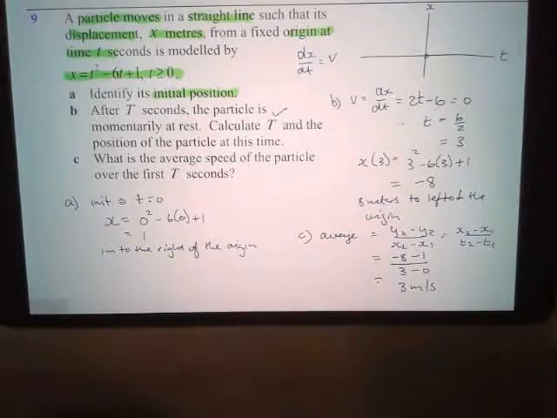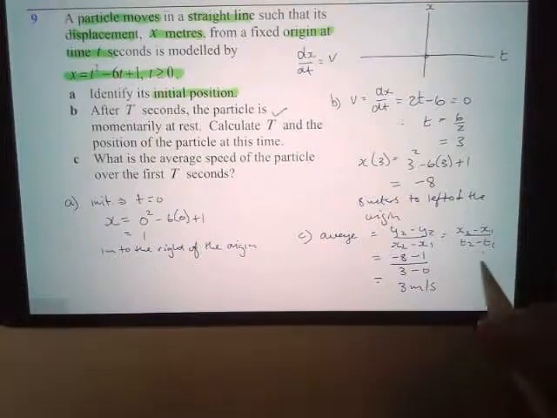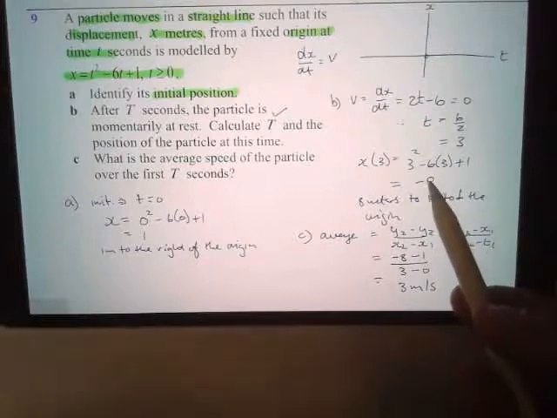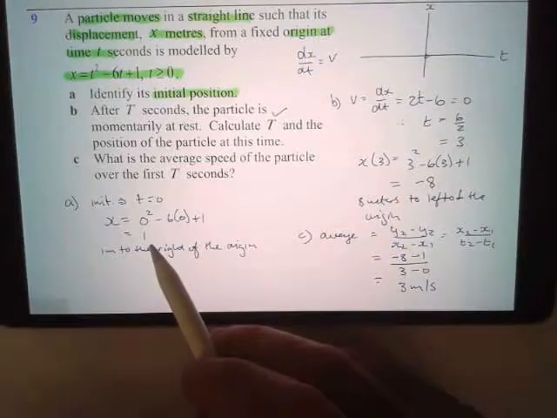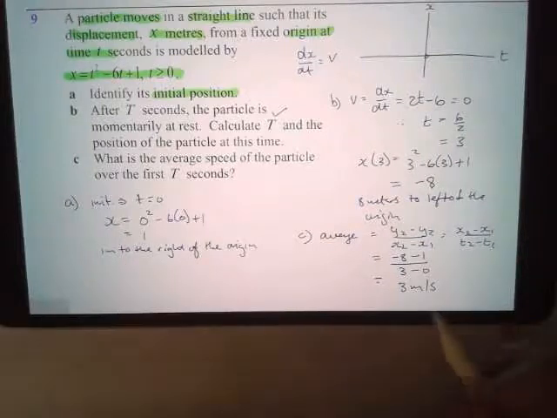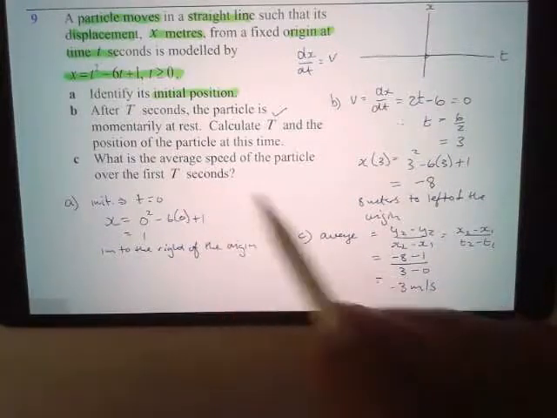That is the average. Minus 8 take away 1, 3 take away 0. So this is minus 3 meters per second. That will be the average speed of the particle over the first t seconds.